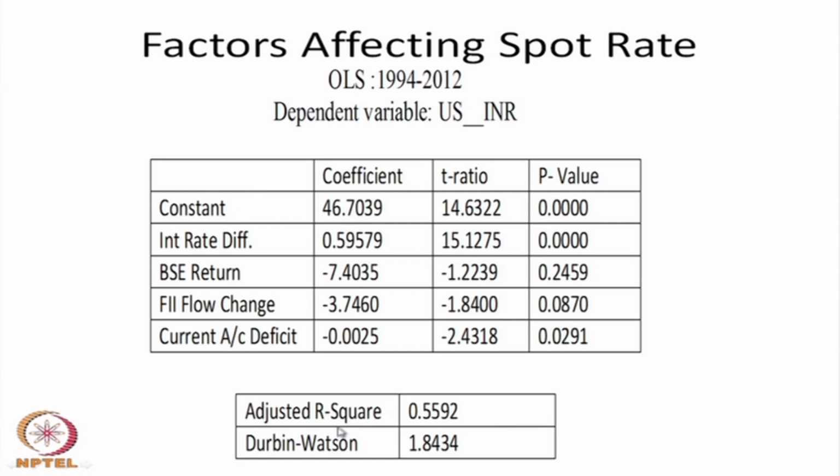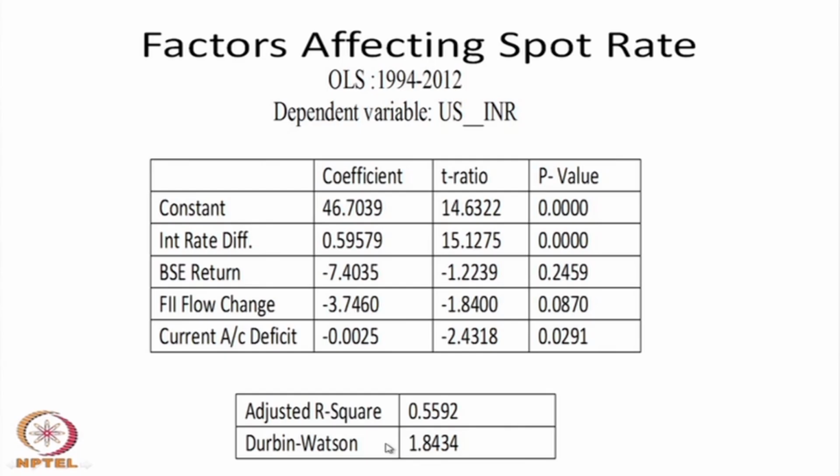The adjusted R square shows how much of the dependent variable is described by the independent variables. The adjusted R square is 55.5592, so 55 or 56% of the change in INR is described by these four variables. The Durbin-Watson indicates the error component, and it is also quite good, at 1.4884.